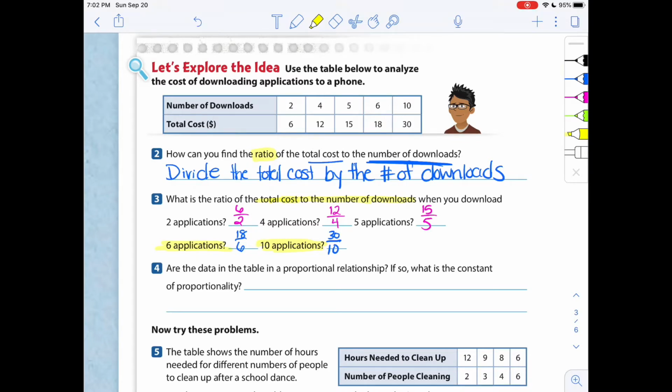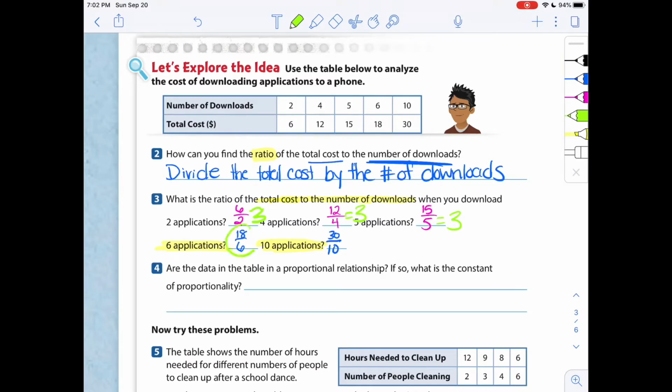So let's look at each ratio. 2 applications, 6 to 2. 6 divided by 2 equals 3. 4 applications, 12 to 4. 12 divided by 4 equals 3. 5 applications, 15 divided by 5 equals 3.